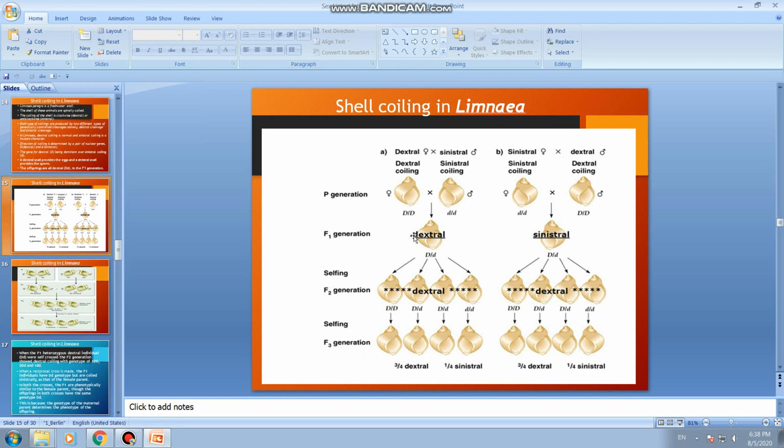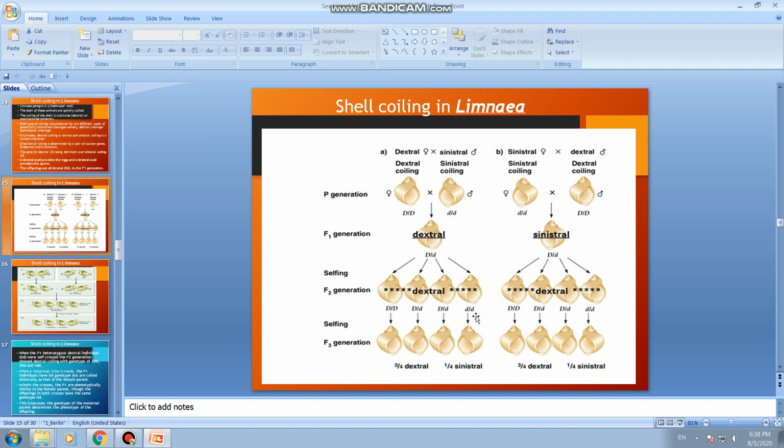When these F1 offspring are selfed, that is, capital D small d crossed with capital D small d, in the F2 generation it again produces all dextral coiling snails in phenotype. But their genotypes are different: 1 capital D capital D, 2 capital D small d, and 1 small d small d, that is 1:2:1.